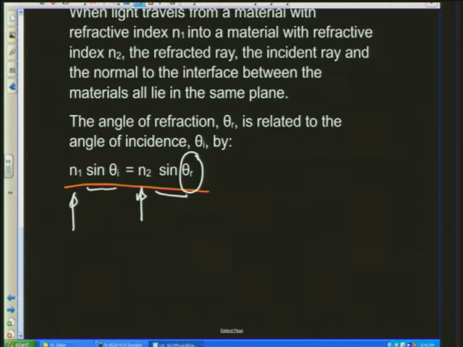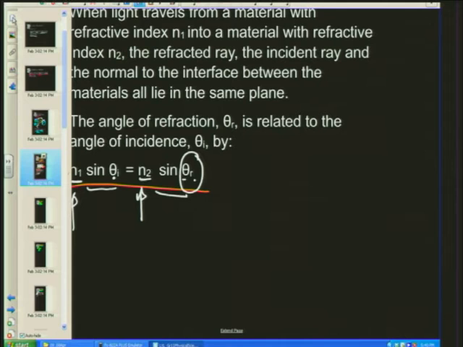So please make sure that you get the first refractive index with the incident ray, with the angle of incidence, and the second with the refraction. And I just wanted you to make sure that you've got that very clear.